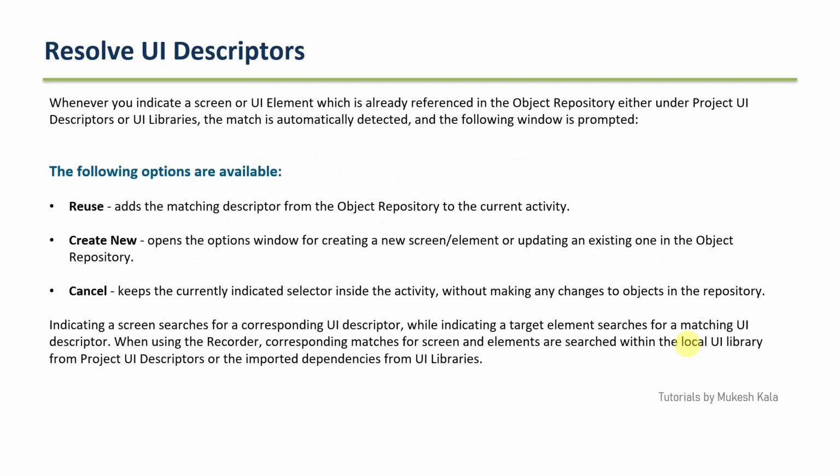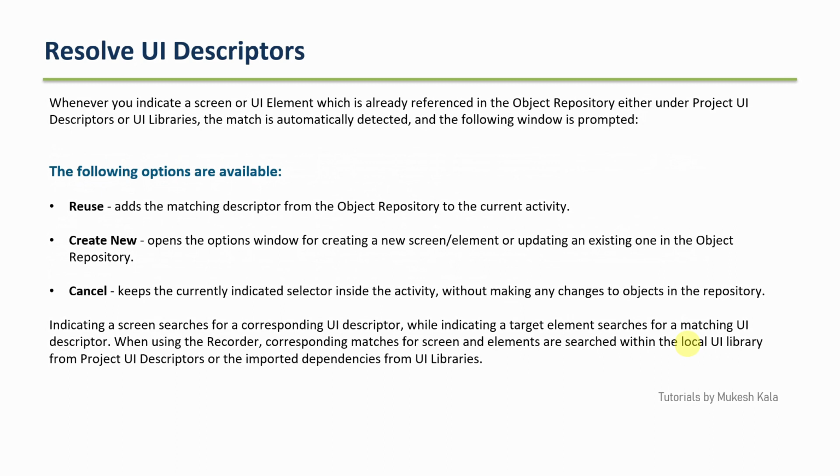Now let's say you again are trying to add the screen and add the same element with the same configuration. So UiPath object repository is smart enough to understand that yes, this is already available in the repository. Do you want to create it, or do you want to reuse the existing one? Now this option will pop up for you on the screen, and then you can simply choose whatever you want to do.